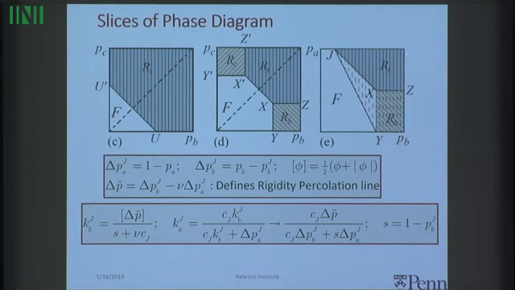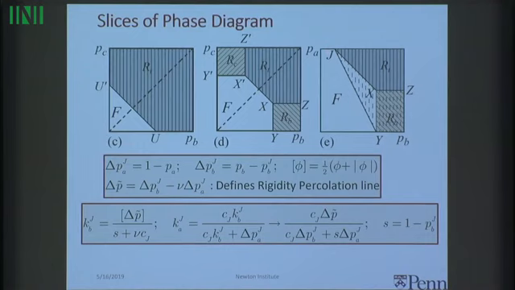Then there's this line that goes from here down to PA equals 0, but there's a critical value of PB for which I have the rigidity percolation transition. And this whole line is a rigidity percolation transition. In other words, along this entire line, if I cross it, both the shear modulus and the bulk modulus grow linearly with the distance from that line. And then I hit this point, I get the discontinuous jump.